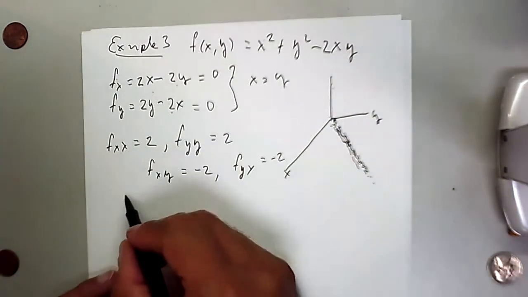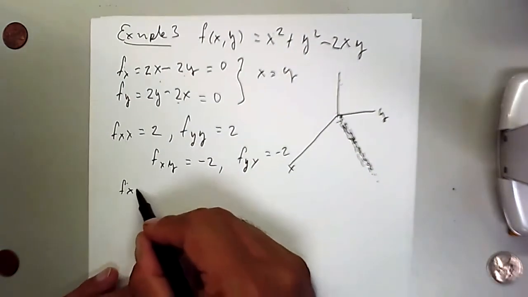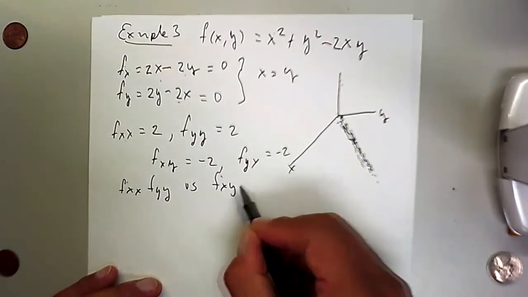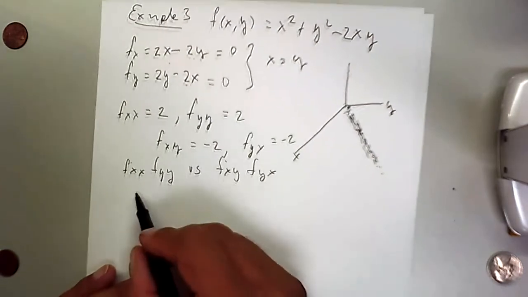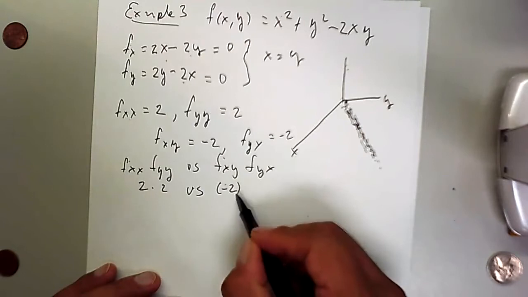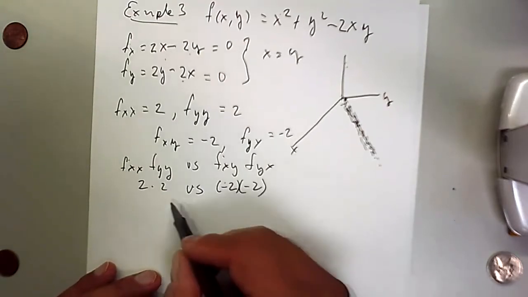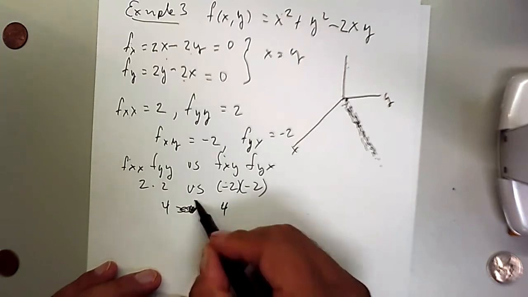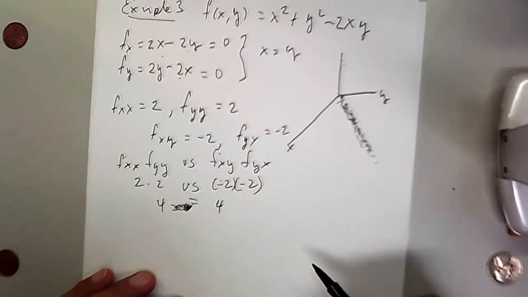And so when we compare f sub xx times f sub yy versus f sub xy times f sub yx, we're going to end up with 2 times 2 versus -2 times -2. So we end up with 4 equals 4. Whoops, not 0. They're equal, which means we don't know.